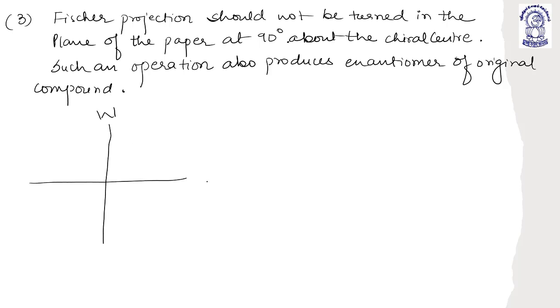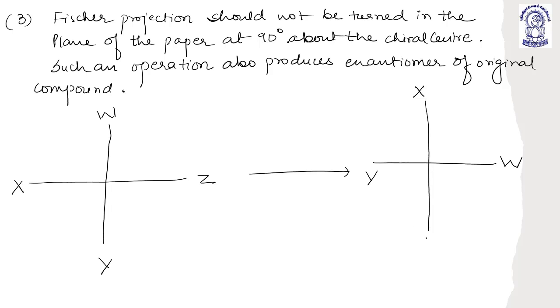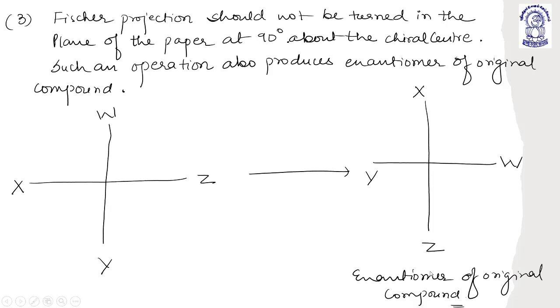W, Z, X, Y. Then you will turn at 90 degrees: X, W, Y, Z. Okay, this is also enantiomer of original compound. Understood?